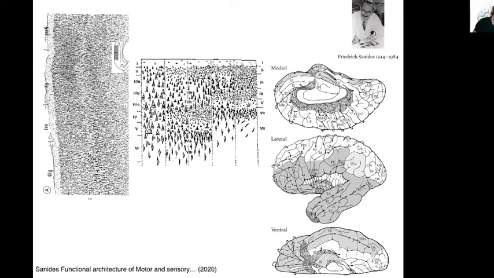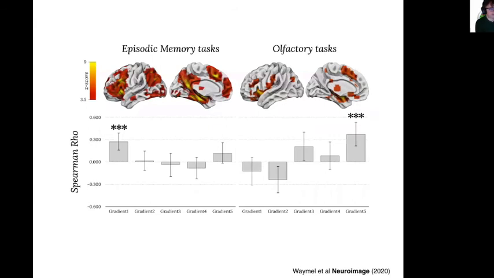And we'll try to explore the other gradients of the brain to see whether one of them is related to the olfactocentric system by trying to relate it to functional activations that are associated with olfactory input. And this is what we did in this paper, and you can see that in fact this is true.